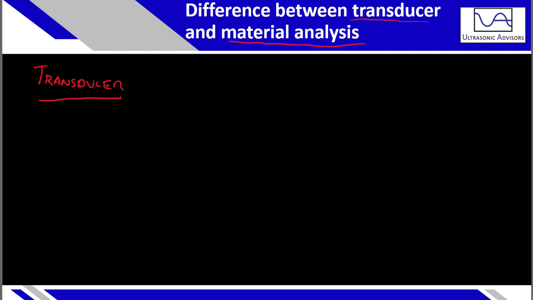This could include your ultrasonic cleaner. It could be an ultrasonic welding device. It could be an ultrasonic surgical device. It could be a humidifier. It could be a piezo bender.